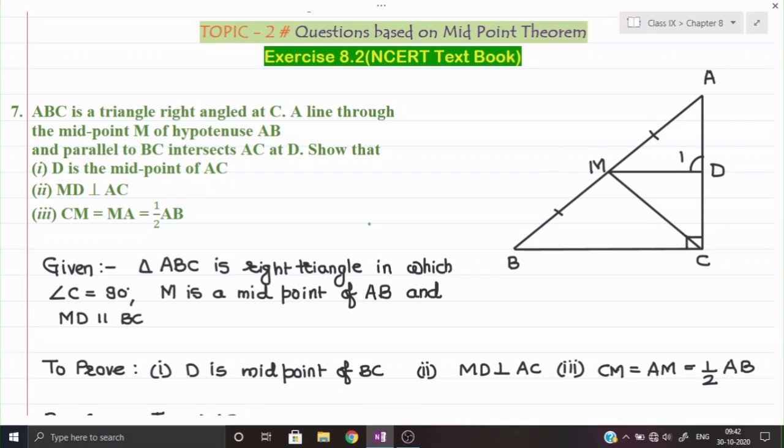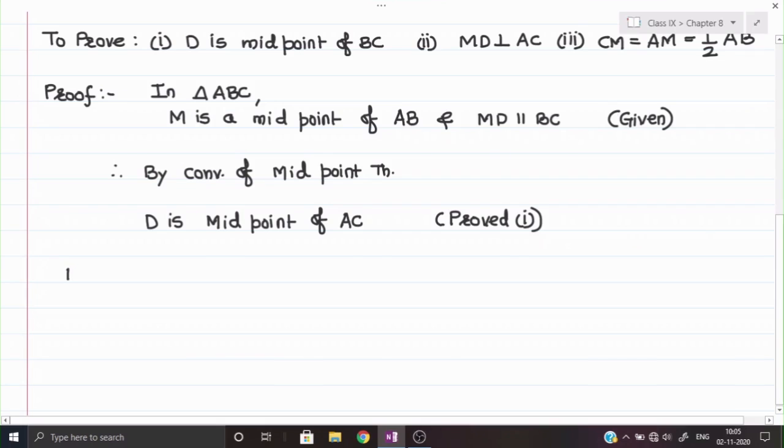Now we shall write down MD is parallel to BC. So MD is parallel to BC, that is given in the question. Okay, again we can mention here.